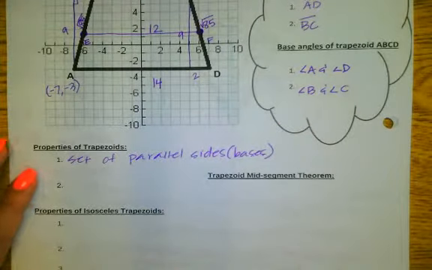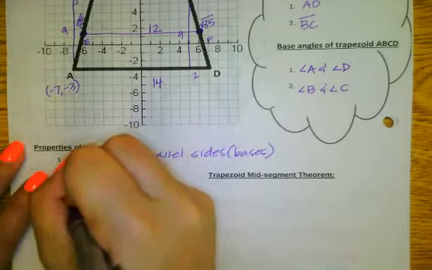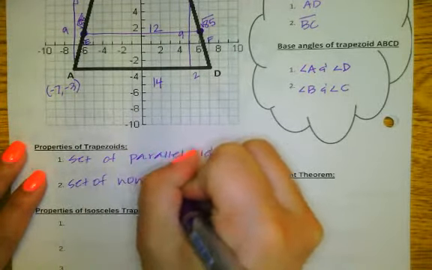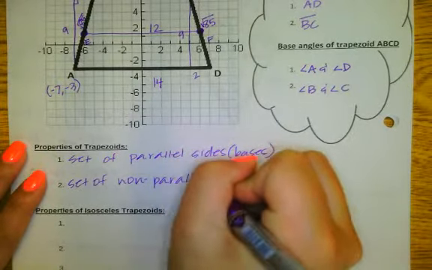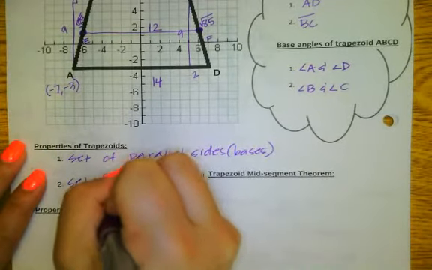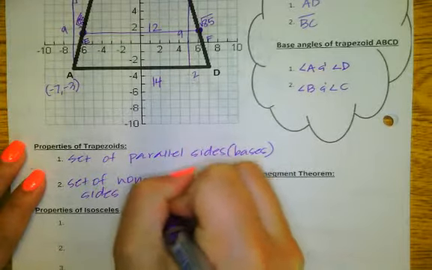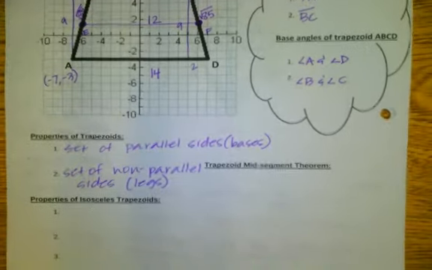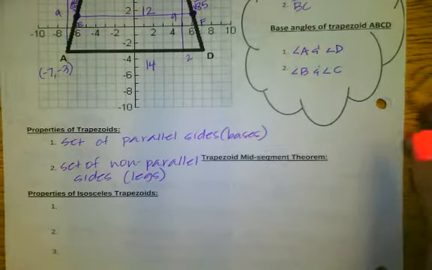Okay, and then you have a set of non-parallel sides called your legs. So you have a set of parallel sides called the bases, and a set of non-parallel sides called the legs.